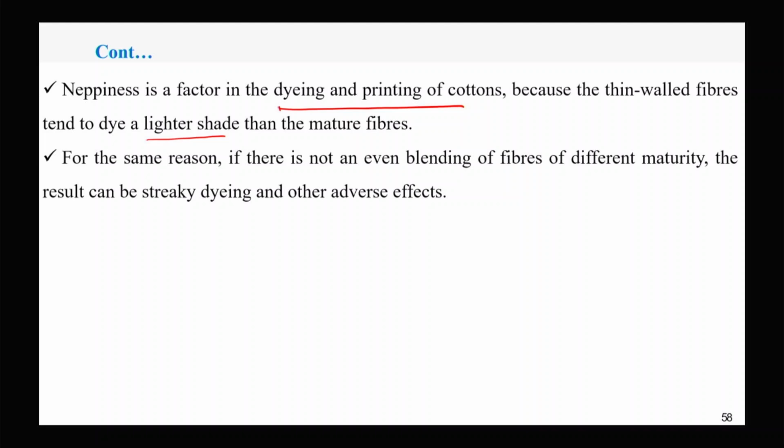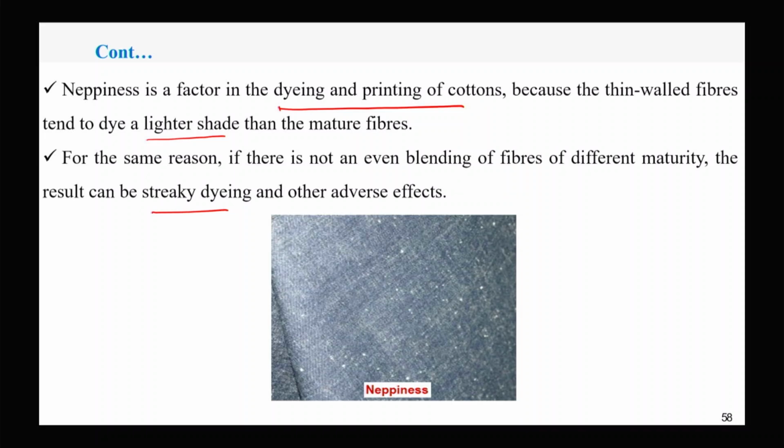It results in streaky dyeing, which gives an adverse effect. You can see here this is a piece dyed fabric, and we can see the white spots. These white spots are mainly due to the naps, which didn't absorb dye.